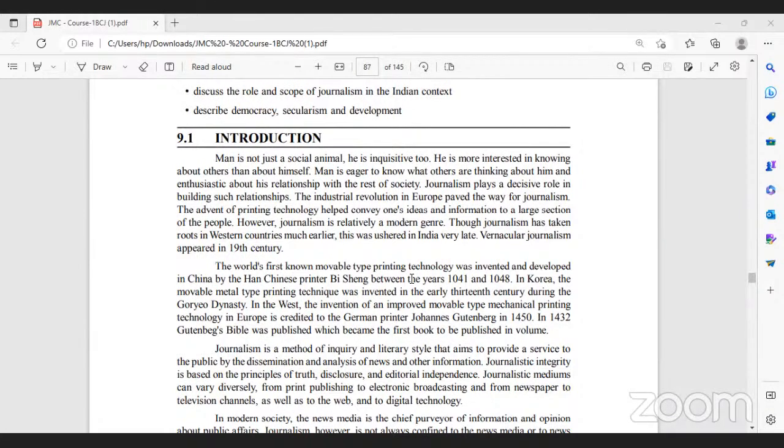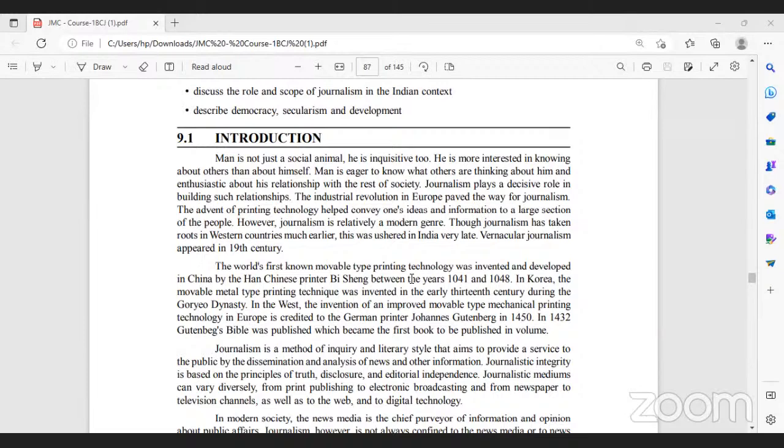A brief about the printing technology. It was invented and developed in China by the Han Chinese printer Bi Sheng, in the years 1041 to 1048. Then in Korea the movable metal type printer was invented, and in the West the invention of an improved movable type mechanical printing technology was credited to the German printer Johannes Gutenberg, who brought this technology in 1450.